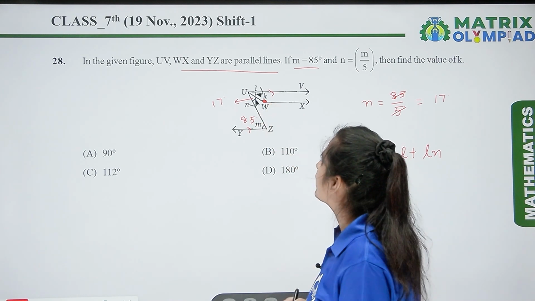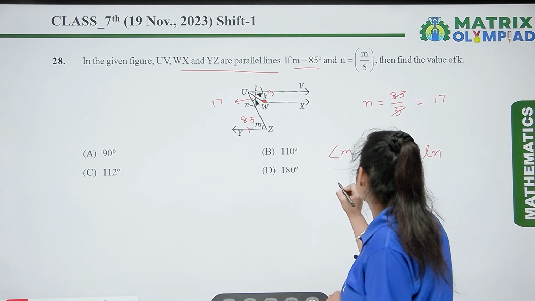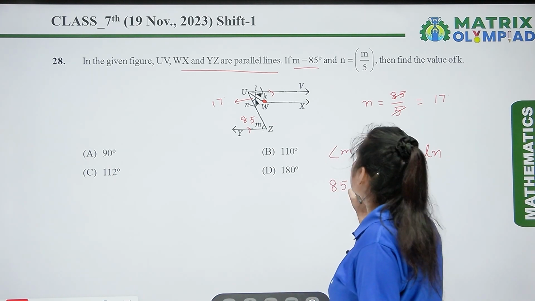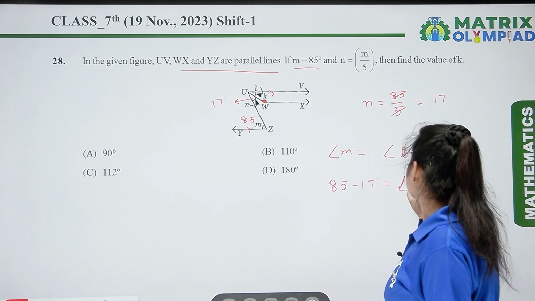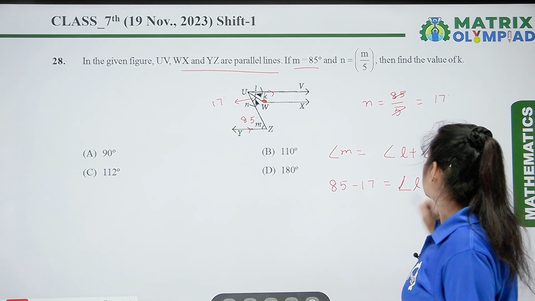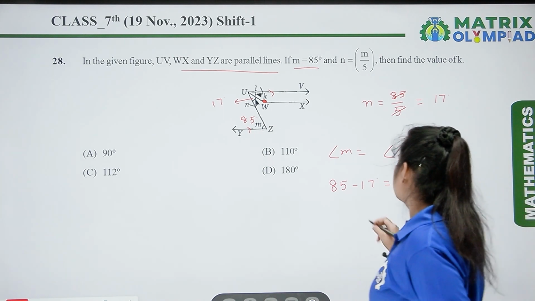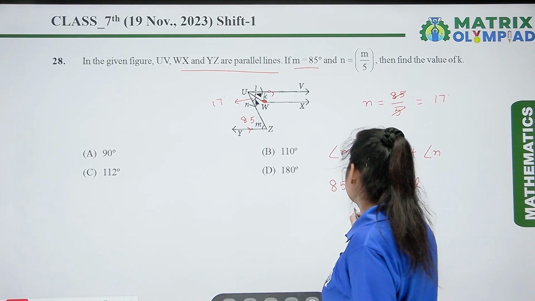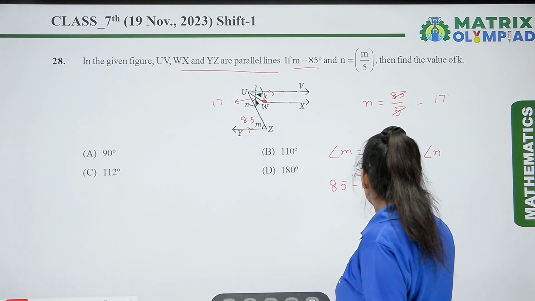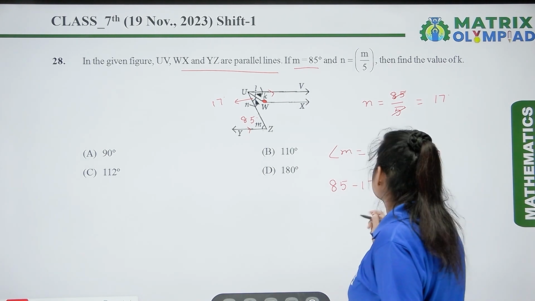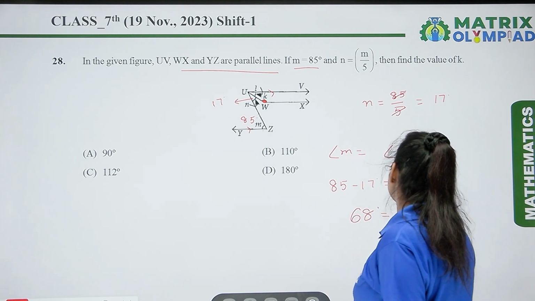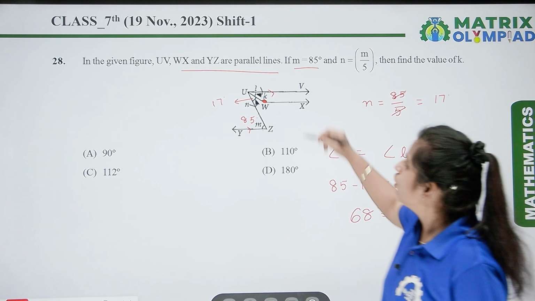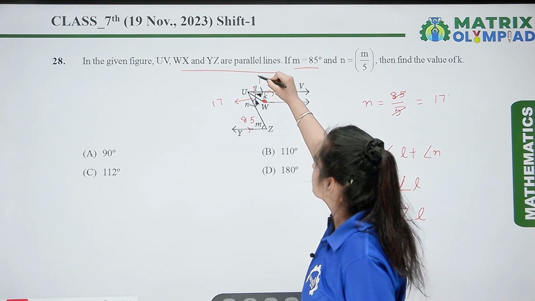Now we can easily find angle L. So angle L is 85 minus 17 degree. Now after subtraction we get 68 degree.